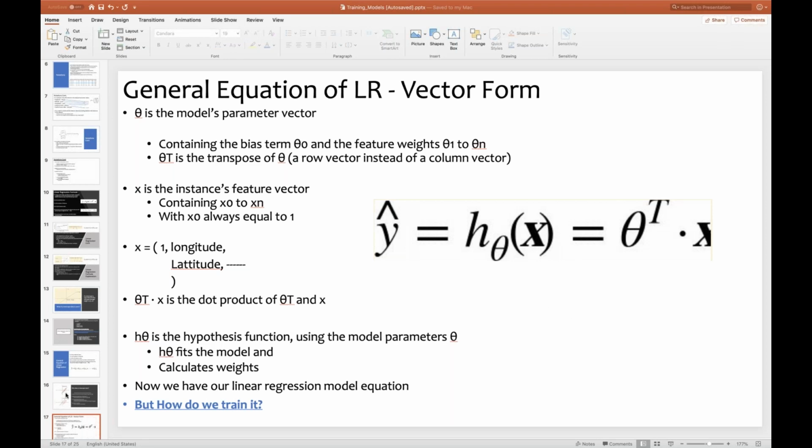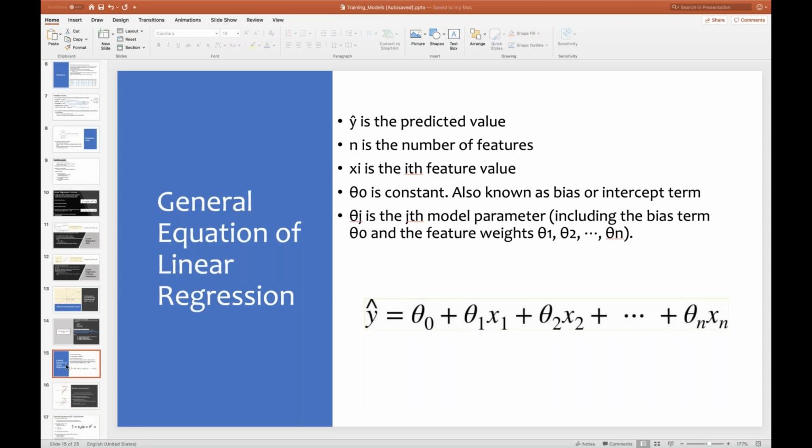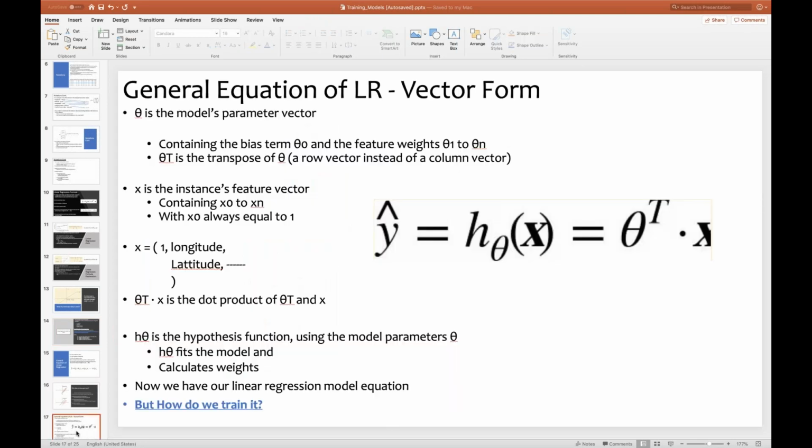Guys, try to understand something. There is a difference. Theta of 0 is a constant or bias term. Theta of 0 here, but theta of 1 is not a constant term or bias term. I want to explain that to you now.